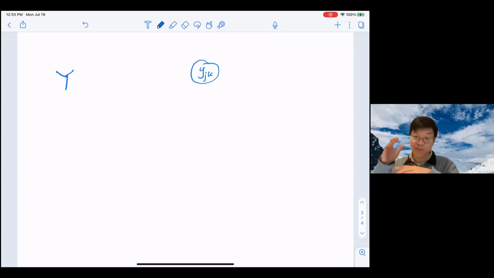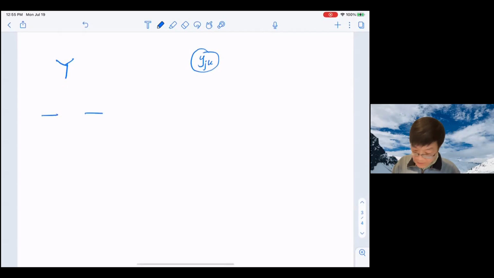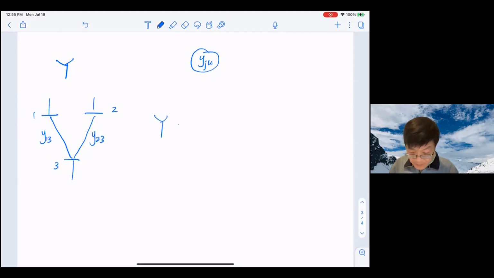Each Y_jk is a 3x3. They will compose this big admittance matrix. One example of this is that if you have 3 nodes, node 1, 2, and 3, this is Y_13. This is Y_23. Each Y_13, Y_23 is a 3x3 matrix. Then your Y matrix for the entire single-phase equivalent will look like this.